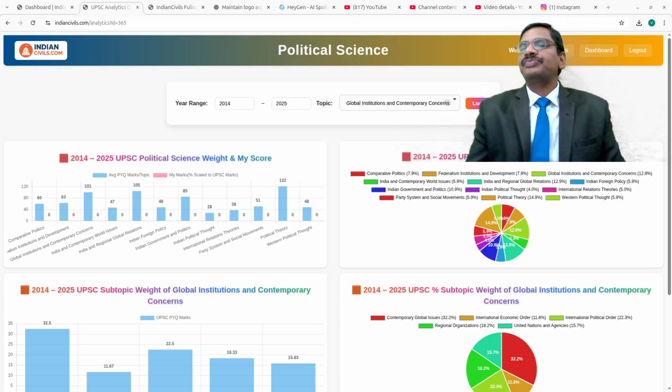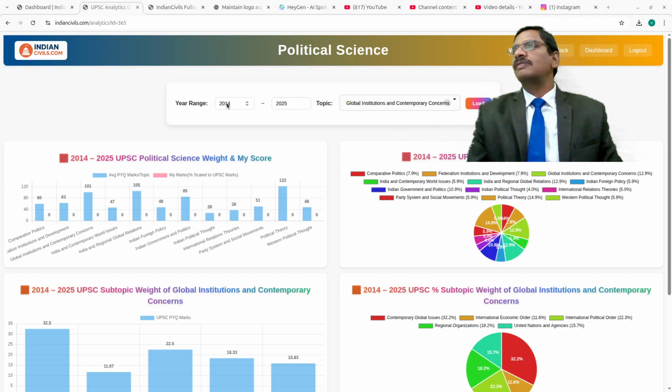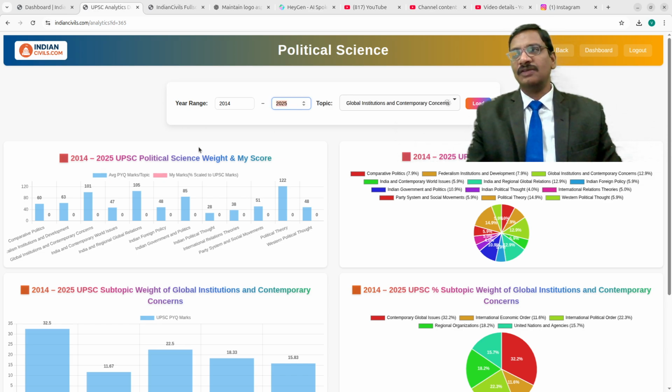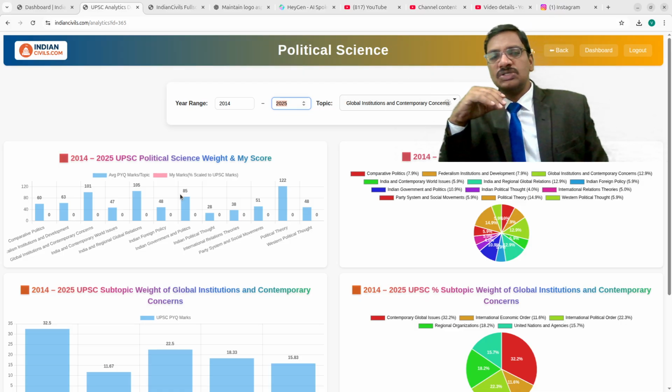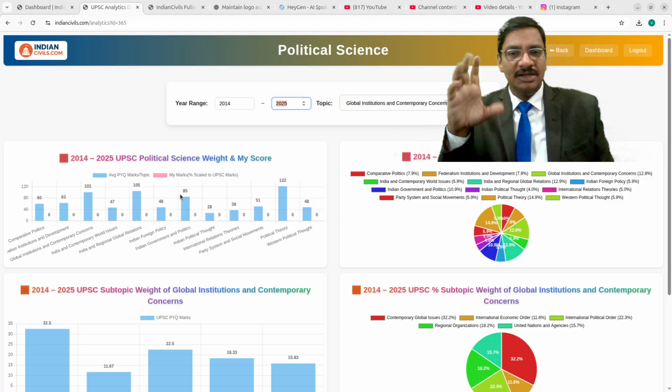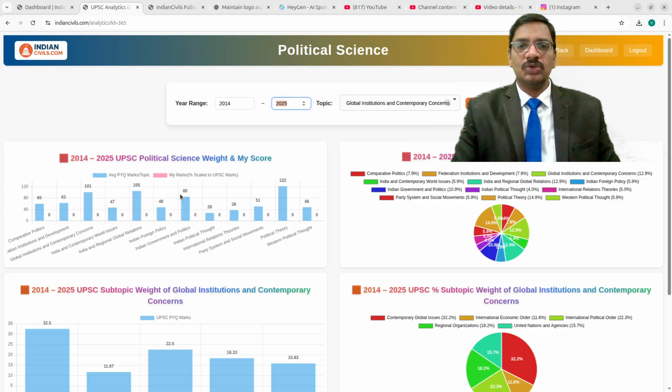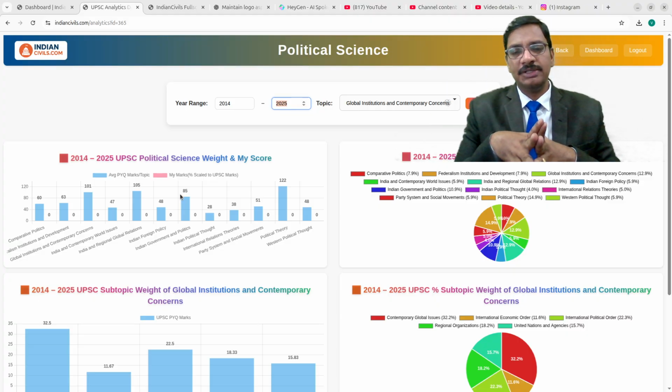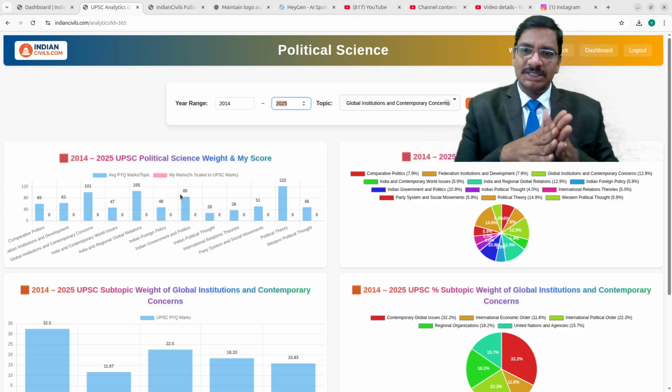So in this case, I have given data from 2014 to 2025, a total of 12 years, and the graph I show is a graph of the past 12 years of data. The entire syllabus of political science I have divided into 12 different topics, 6 topics in paper 1 and 6 topics in paper 2.